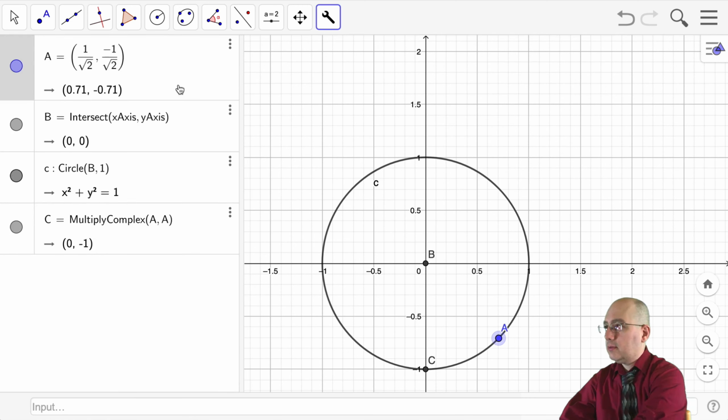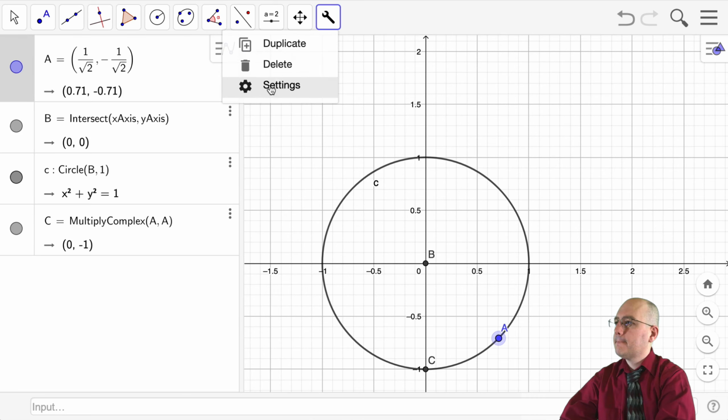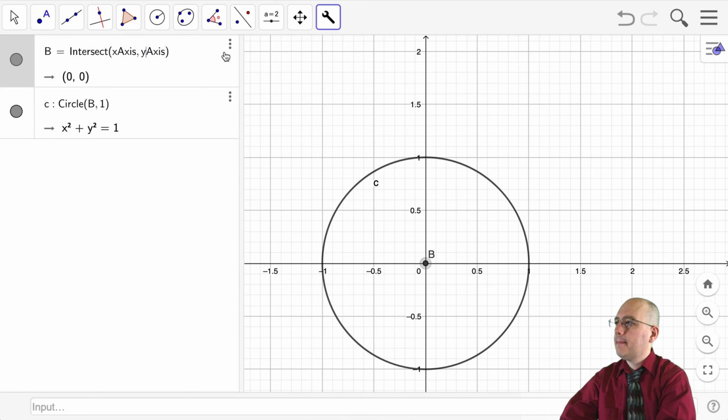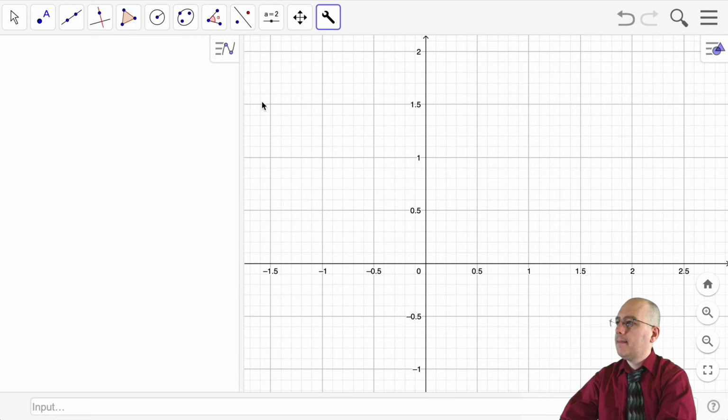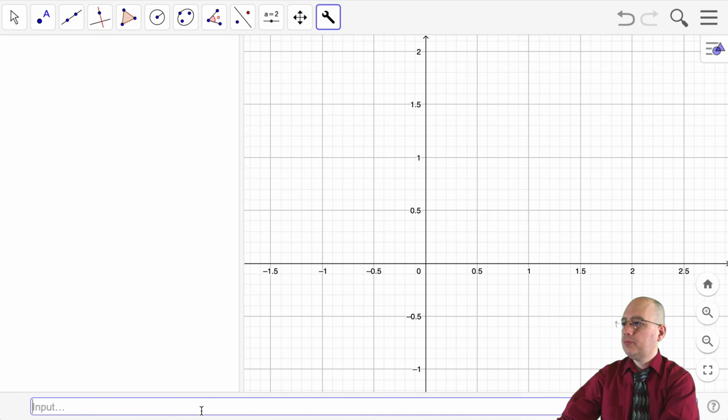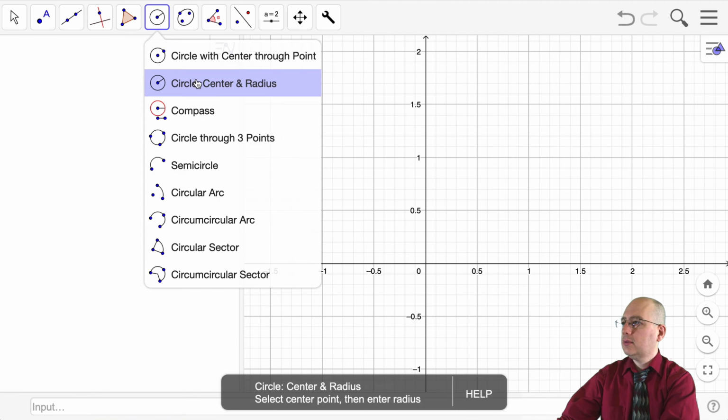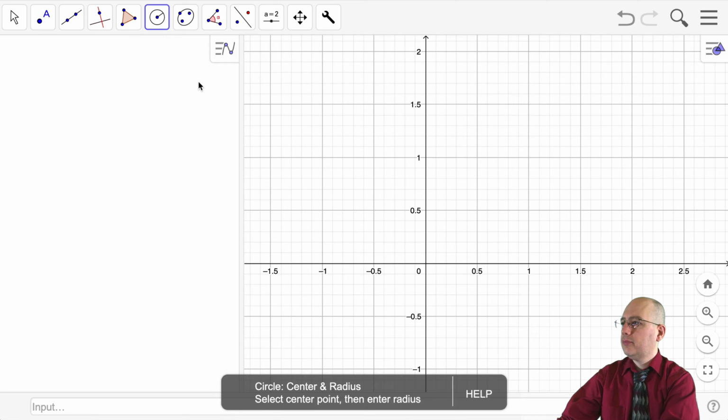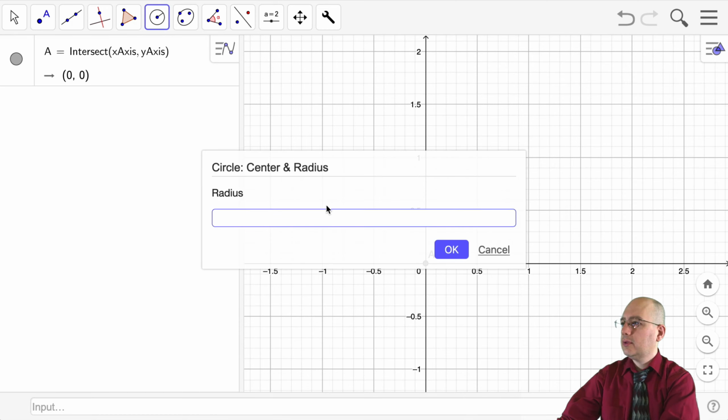If we just delete this, that should... Okay, to show what I mean, let's take a circle with center the origin, radius 1, like so.